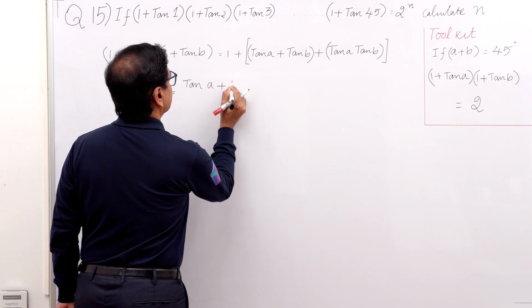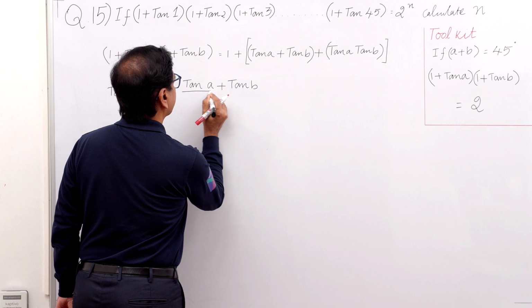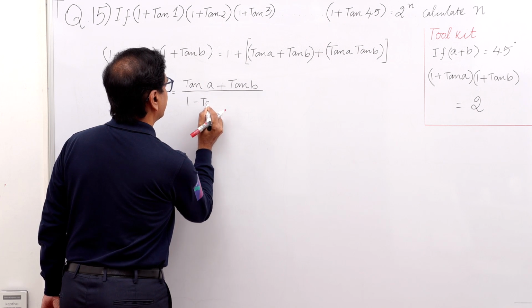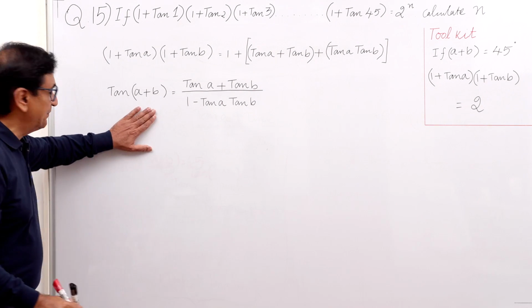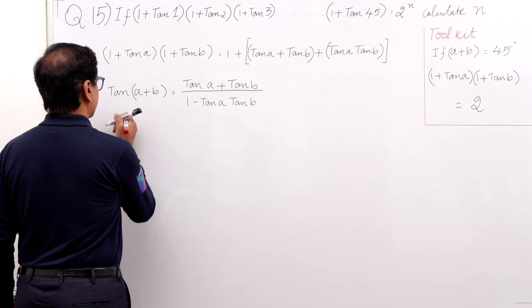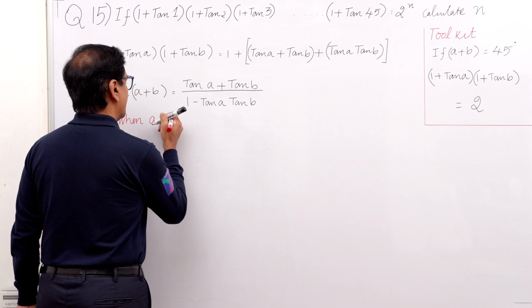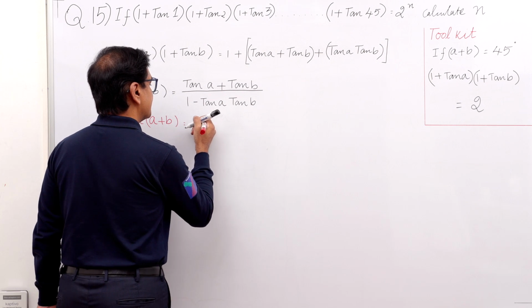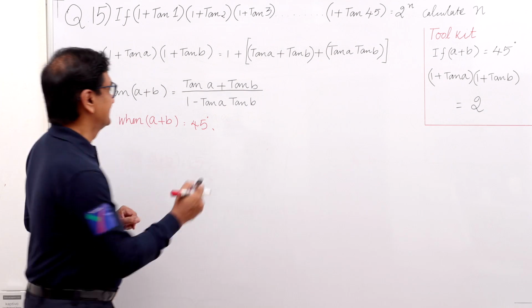Now a + b is 45 degrees, so tan(a + b) would be 1, right?